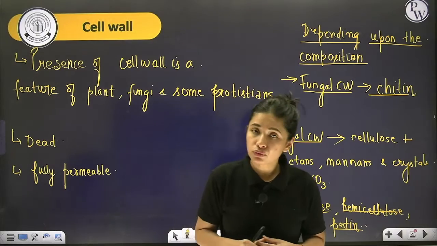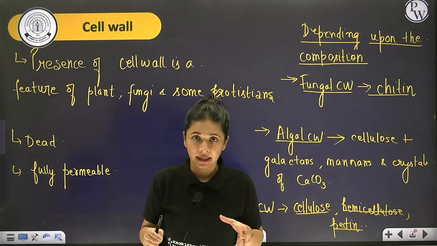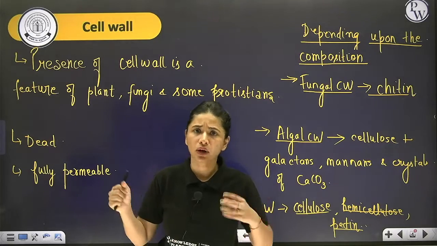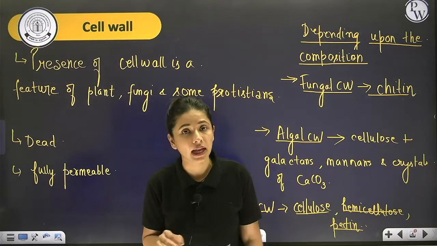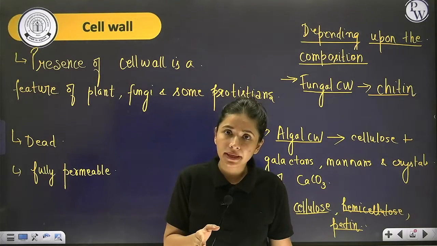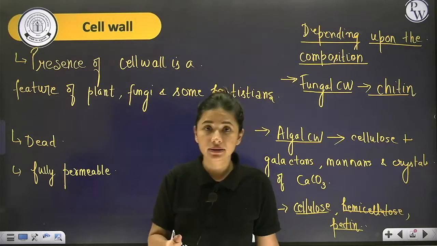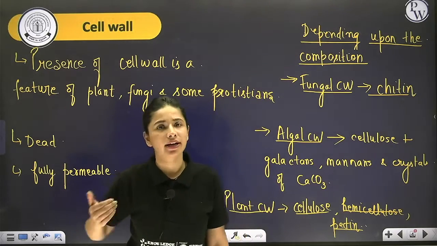However, if you want to see the types of cell wall on the basis of origin, that is how they have developed and what is the time of the development of the cell wall, then again we have two types, primary cell wall and secondary cell wall. So first listen to me carefully and then try to understand it.